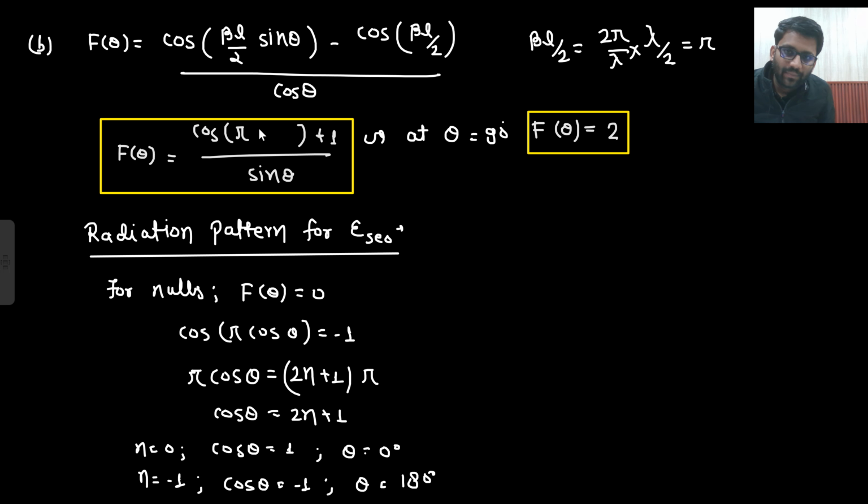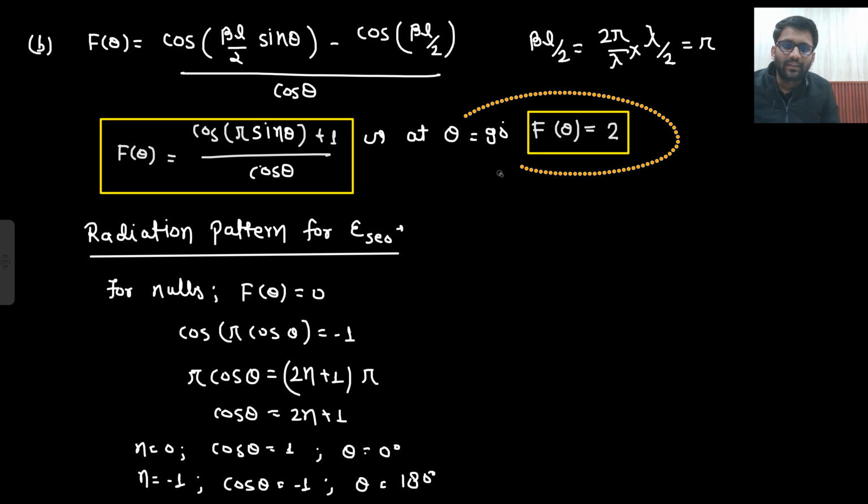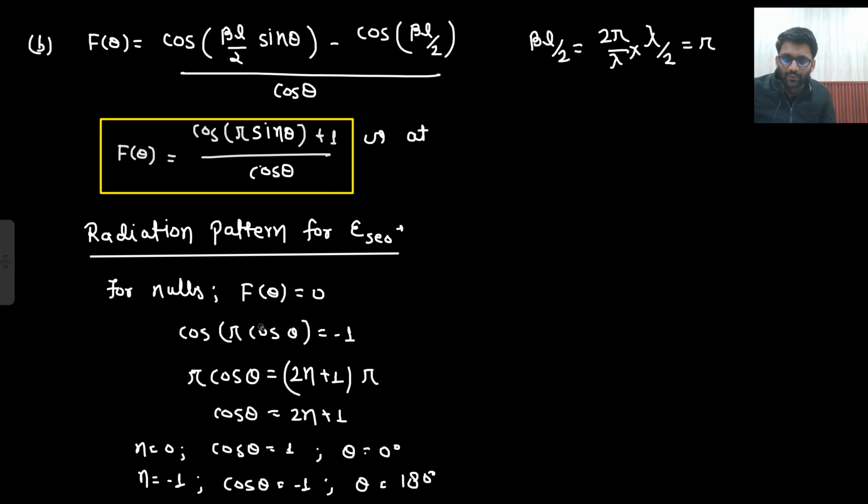So here pi sine theta, and this will be cos theta. For the position of nulls, pi sine theta should be equal to minus 1. So here pi sine theta should be equal to 2n plus 1 pi, so sine theta should be equal to 2n plus 1.